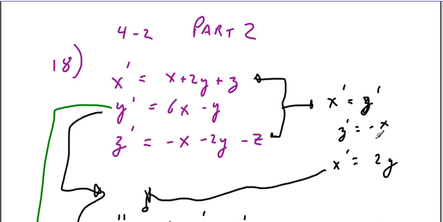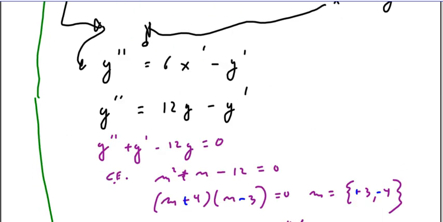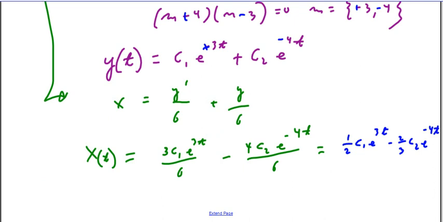Well, we're going to come back up to this equation and say, if x prime is equal to z prime, we probably can't say that. So back to the bottom. I know x, I know y. I should be able to calculate z.